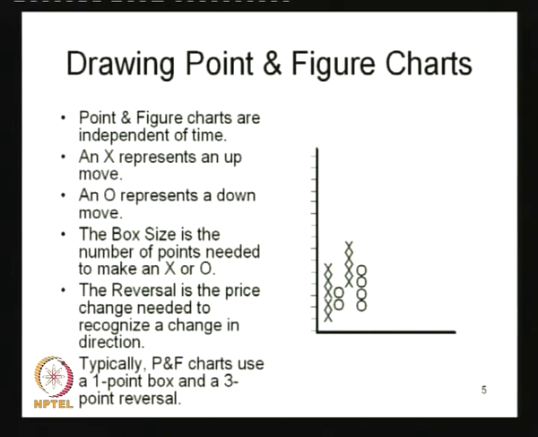So, we count the number of points needed to make an X or an O, and the reversal is the price change needed to recognize a change in direction. Typically, point and figure charts use a 1 point box and 3 point reversal. Generally, this is the trend always used in the market.